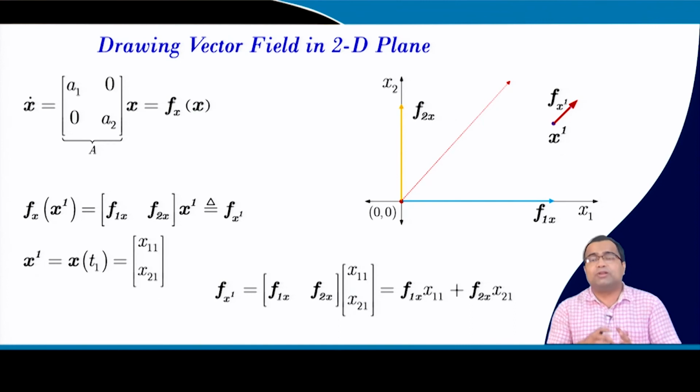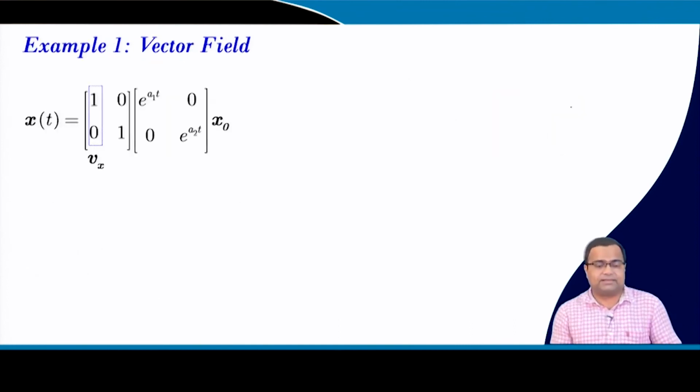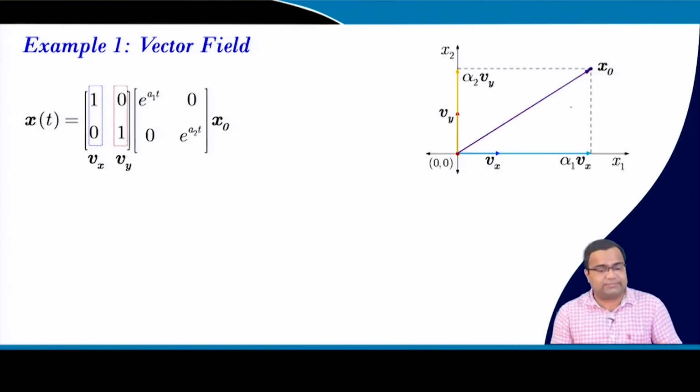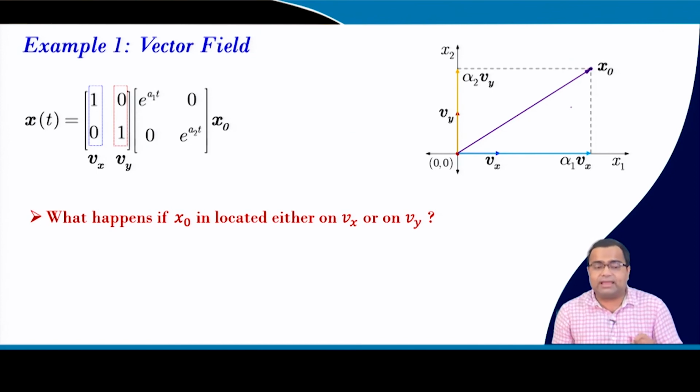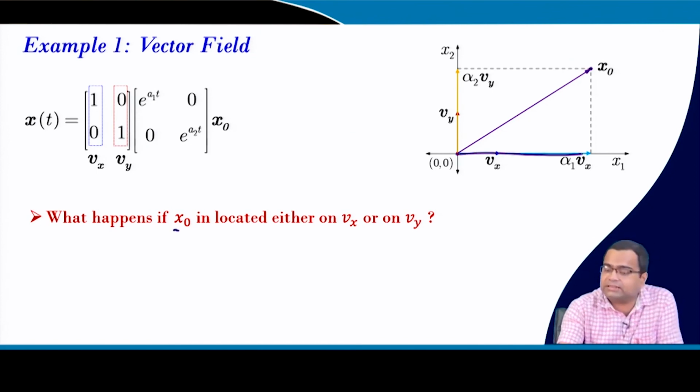By that way we can draw the vector field. Now in this vector field example we have set Vx and Vy as the basis vectors and we know how to draw the initial condition. What happens if you take x0 either on this basis vector or on this basis vector?